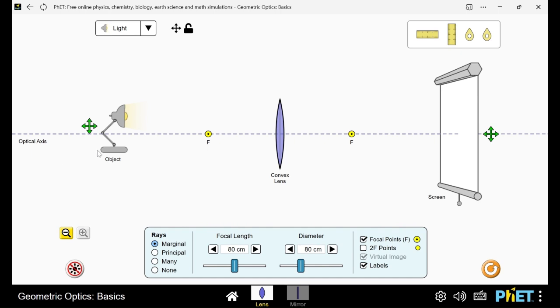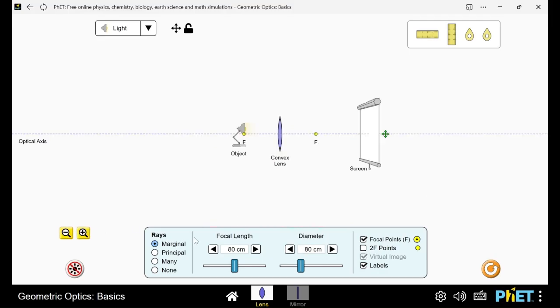Now, we have already said that if we put the object, which in this case is the light, at the principal focus, the image is going to be formed at infinity, meaning that the image shall not be formed on the screen. So let's reduce the size of our object, then bring in the light.